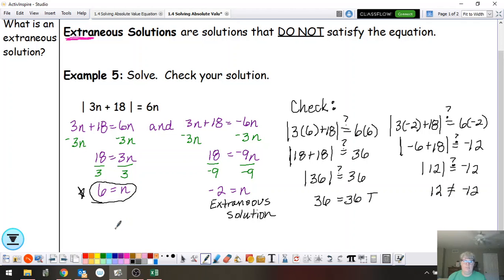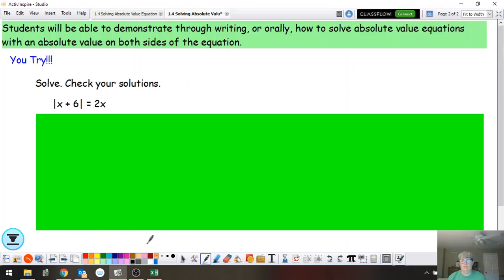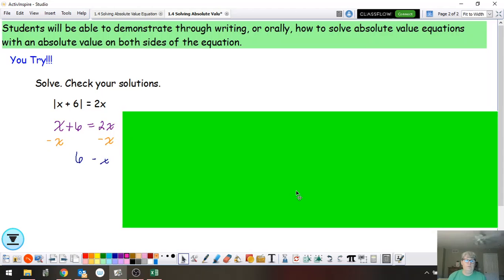So now that you've watched me work through this example, I would like you to take some time to solve this example. The absolute value of x plus 6 equals 2x. So hopefully you wrote x plus 6 equals 2x and subtracted x from each side.